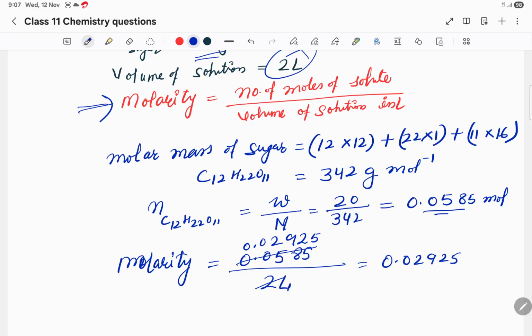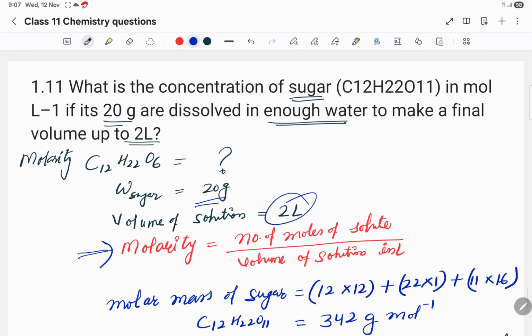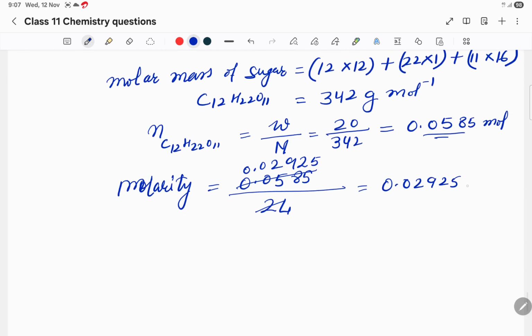This is molarity, and we have been asked in the question to calculate the concentration in moles liter inverse. So obviously we are going to write it down, mole liter inverse, because this was in mole and this was in liter. Okay, so this is how you calculate this kind of question.